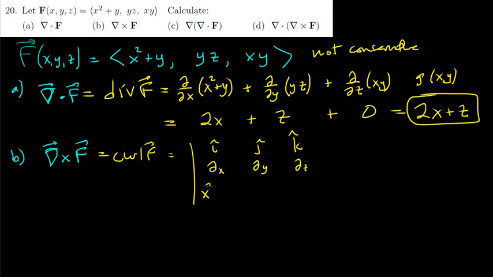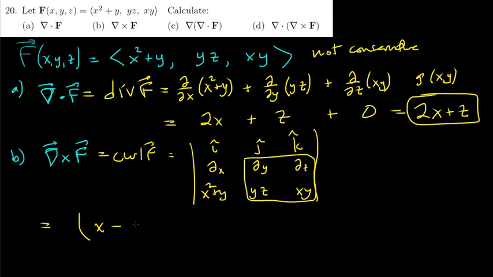So M is x squared plus y, N is yz, and P is xy. So again, without writing it all out here, this determinant is just the y partial of xy, which is just x, minus the z partial of yz, which is y.